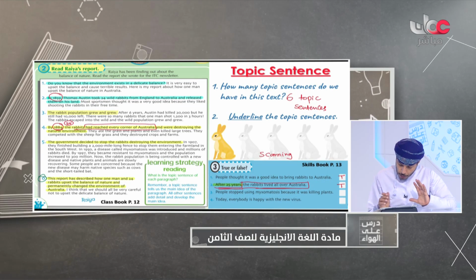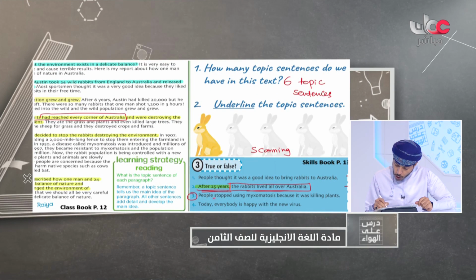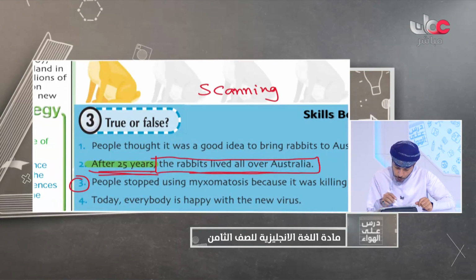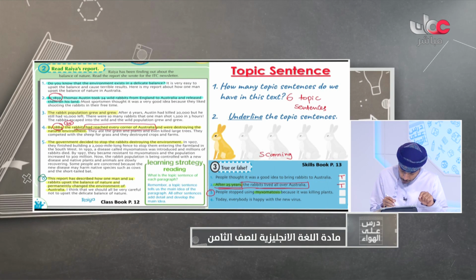Good. Then let's move to the third question, which is about people stopped using myxomatosis because it was killing plants. And here we have this word as a keyword. So we need to look for this keyword in the text, and this word is available in paragraph number 5, line number 3.